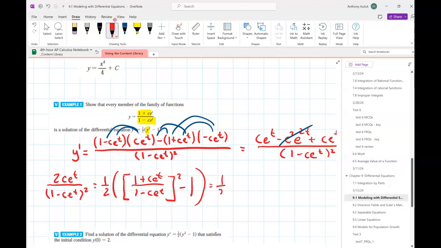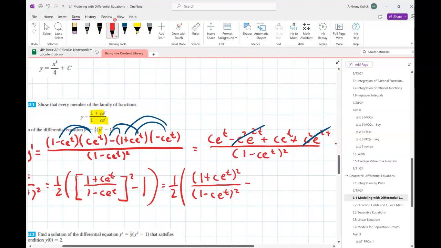Okay. When I square a fraction, how do I do that? You square the top and square the bottom, right? And then this minus 1, to subtract that, I need to have a common denominator. In this case, what would that common denominator be? 1 minus c e to the t, squared.